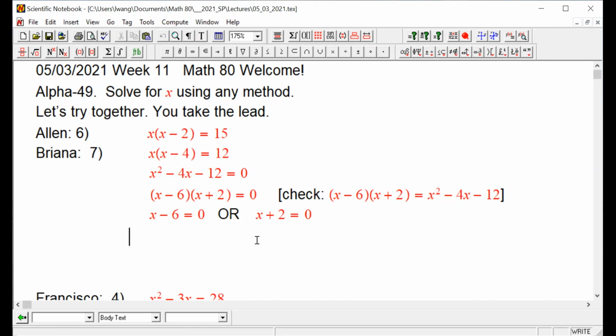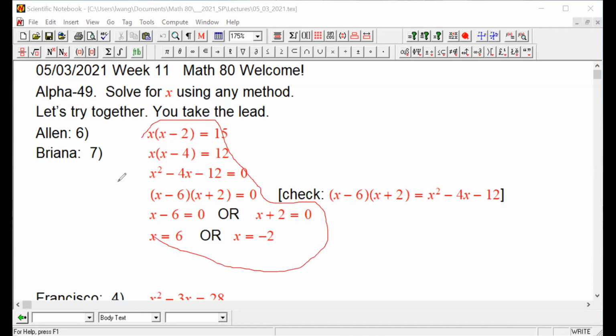Then last but not least, you declare the solution to be x equals 6 or x equals negative 2. This is viewed as the body of the work. You guys follow me? This is the body of work, and we want it to be coherent.